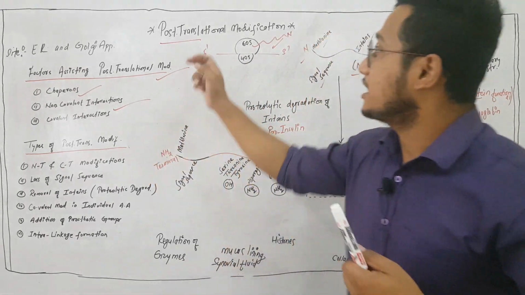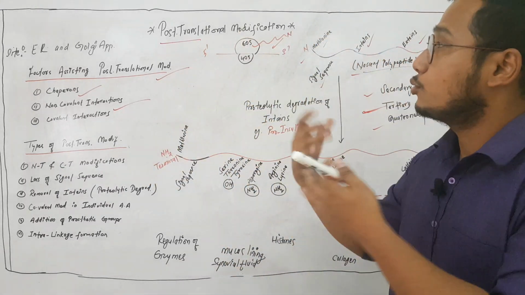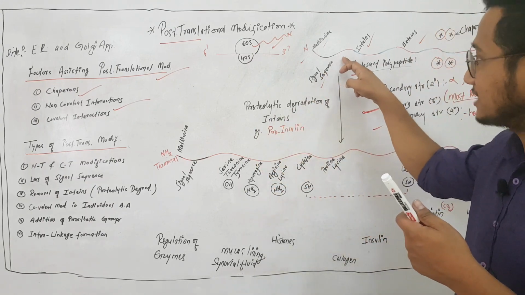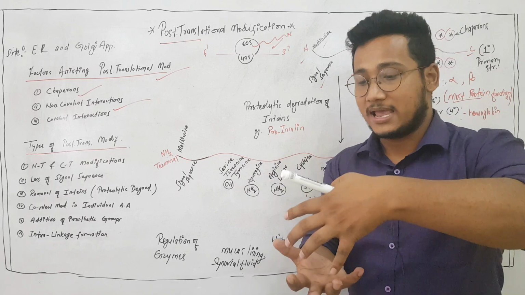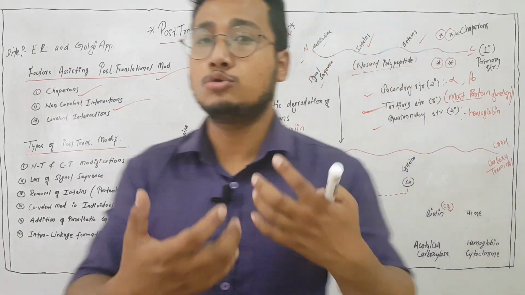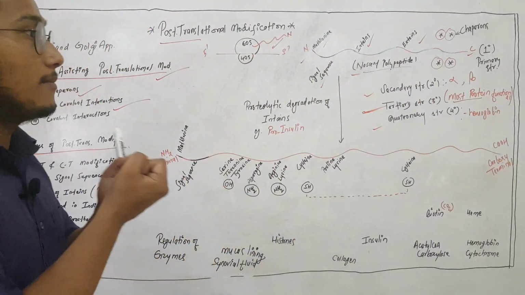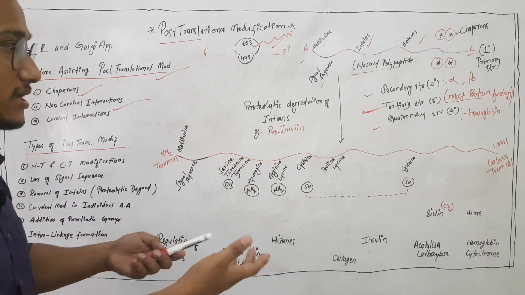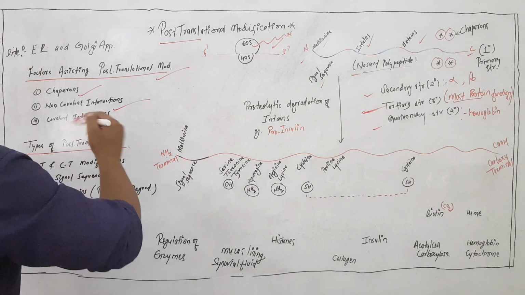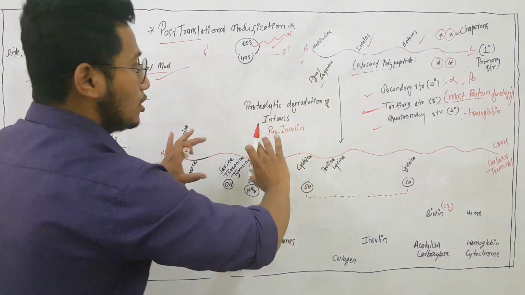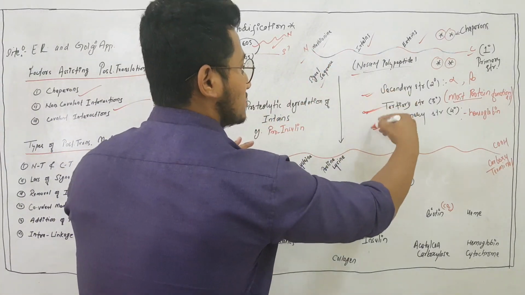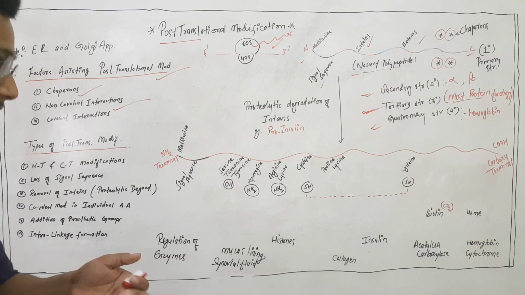So basically, in post-translational modification, we are trying to see how the nascent polypeptide properly folds in order to obtain its maximum potentiality. Now these factors help this polypeptide to obtain certain structures as required by the cell.